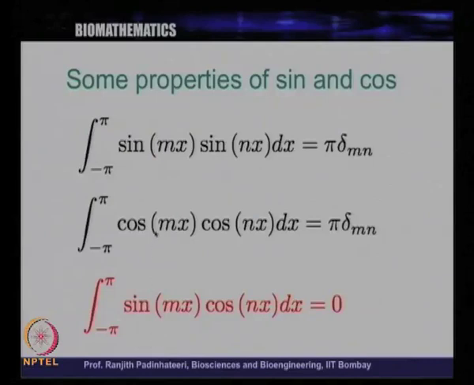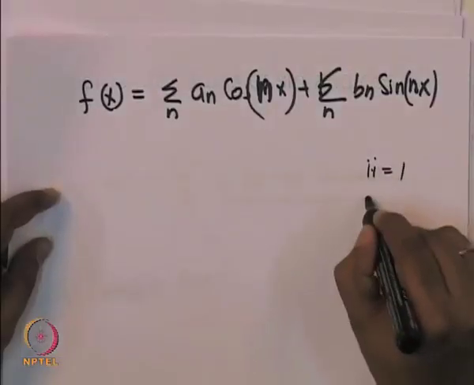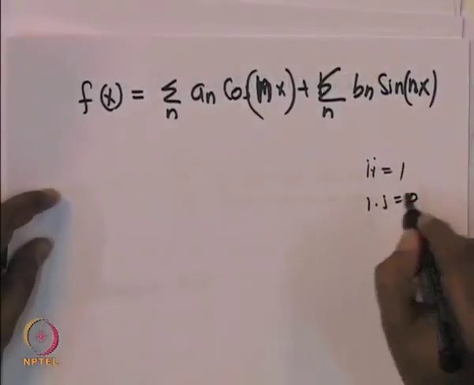So we use two properties: cos mx cos nx integrates to delta mn, and sin mx cos nx integrates to 0. These are like the two properties we used earlier, i dot i is equal to 1 and i dot j is equal to 0.